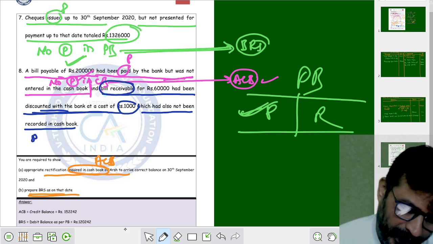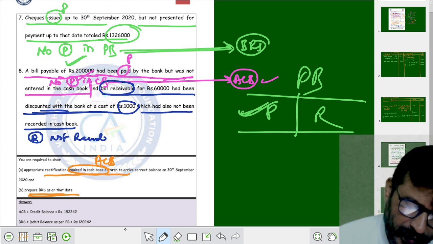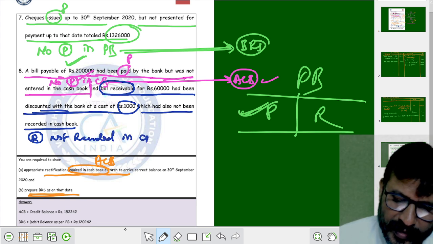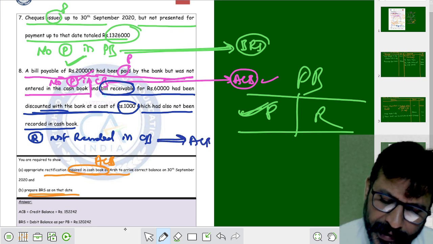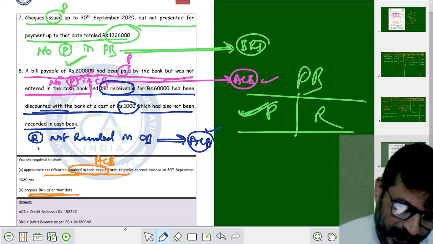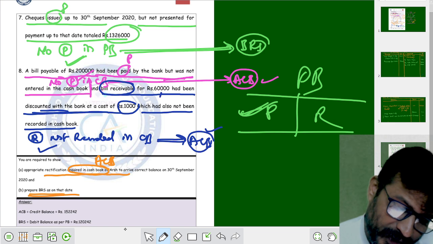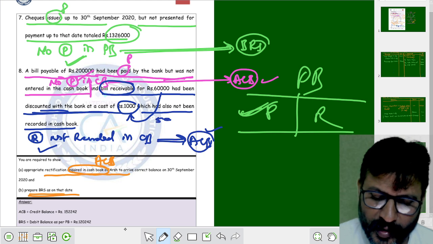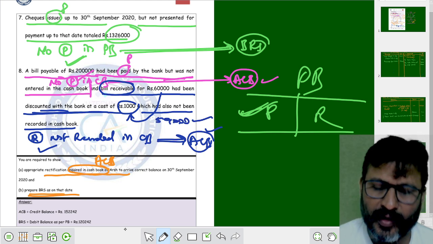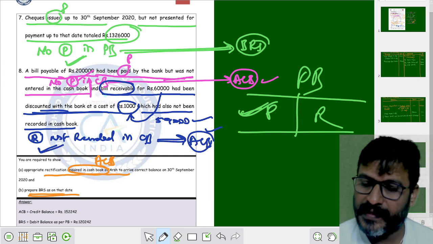Bills receivable means a receipt not recorded in the cash book. When it is not recorded in the cash book, we have to take it in ACB. What side? Receipt side only. How much do we have to take? Out of 60,000, 1,000 rupees is a discount, so we take only 59,000, on the receipt side of ACB.